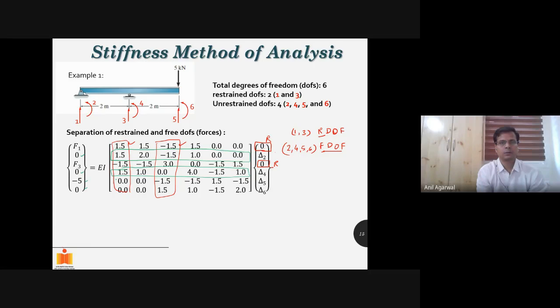And likewise, fourth, fifth, sixth, they are all the same. They are both coming under the free degree of freedom. So what we will do is we will move the terms of restrained degrees of freedom on one side and free degrees of freedom on one side.